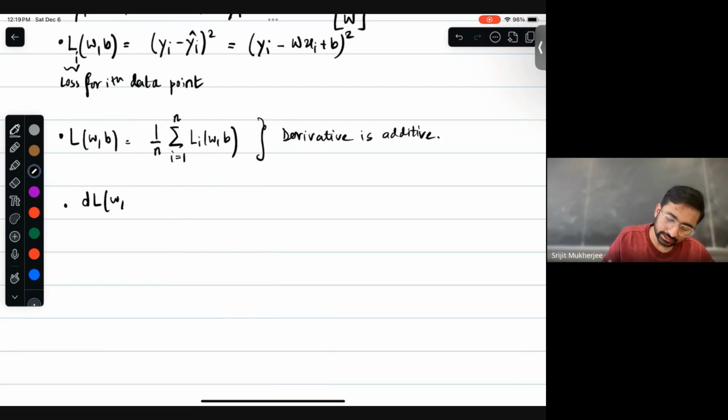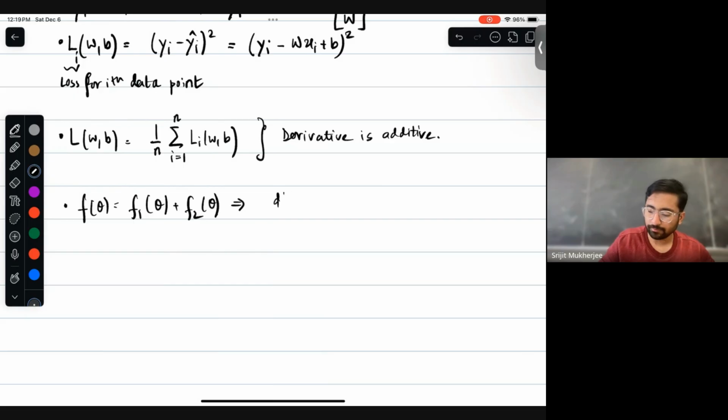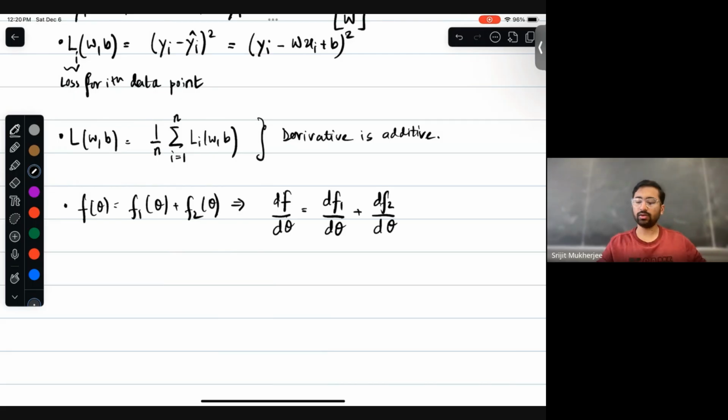if there's a function f of theta equal to f1 of theta plus f2 of theta, then the derivative of f is nothing but the derivative of f1 plus the derivative of f2. It's called an additive, linear operator.